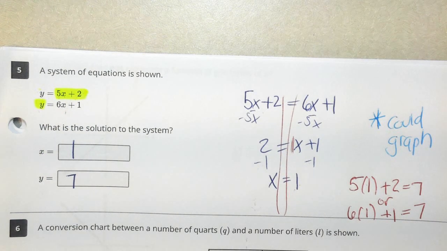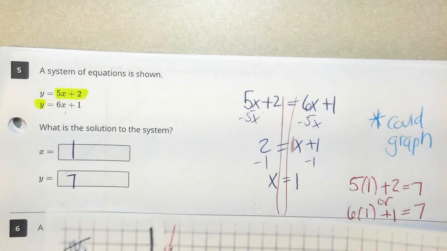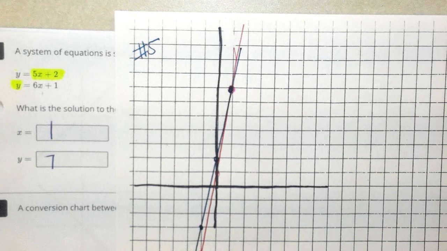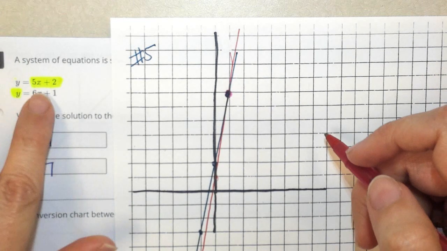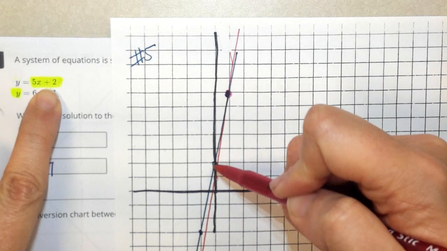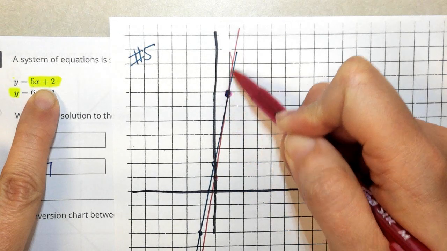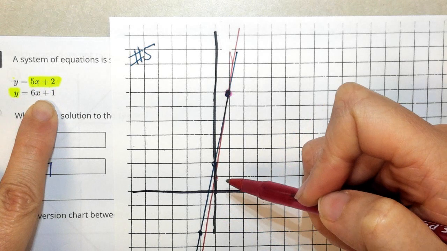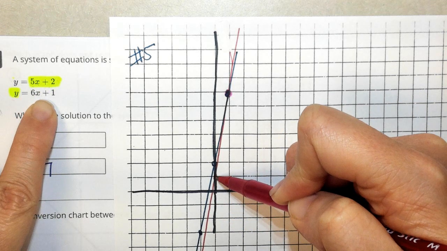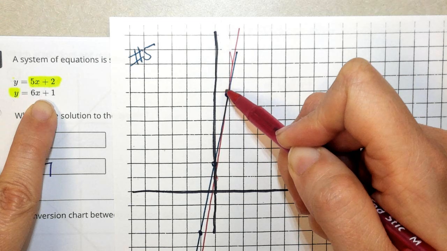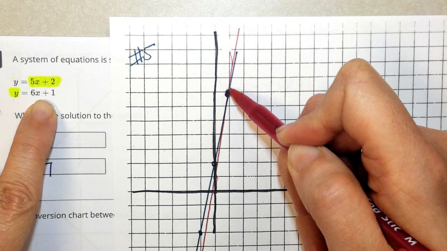The other thing you do is you could graph them. Okay, this graph kind of looks funny, but this is what it would look like if you graphed them. So the first one, my begin is at 2, and my slope is 5. That's really up 5, right 1, and I made my line. This one, my begin is at 1, and my slope is really up 6, right 1. And if you do that one time, you find the point where they cross.